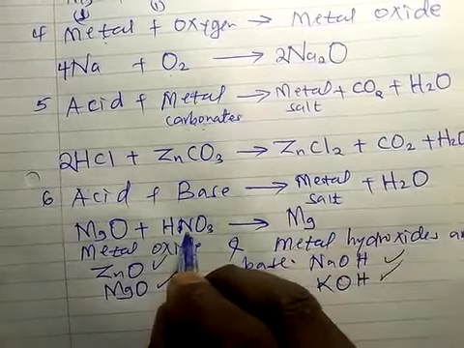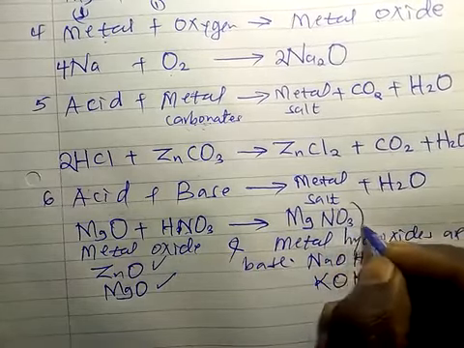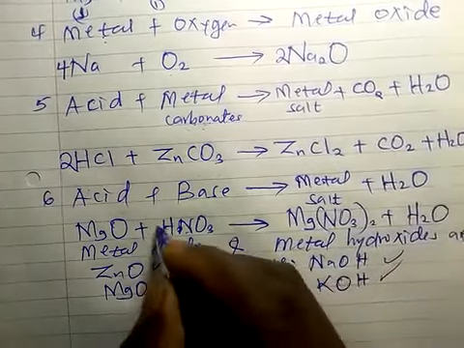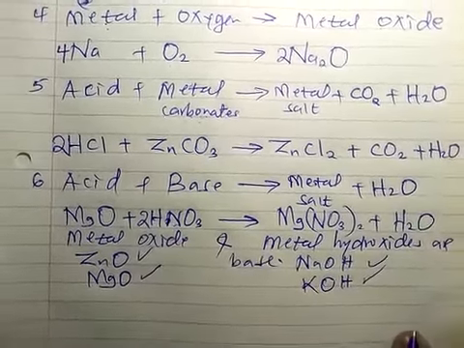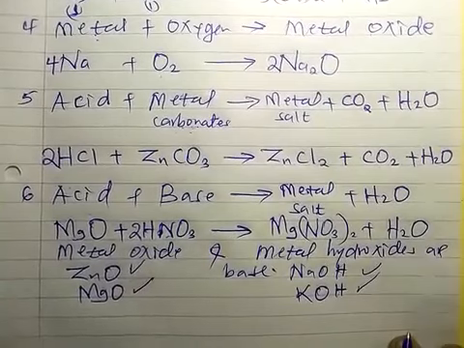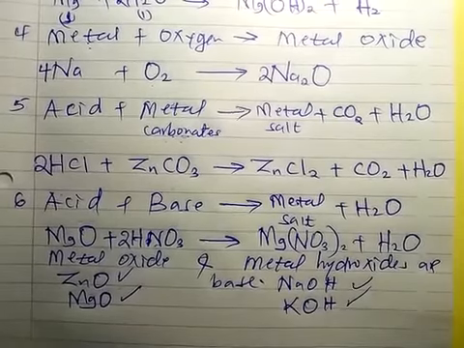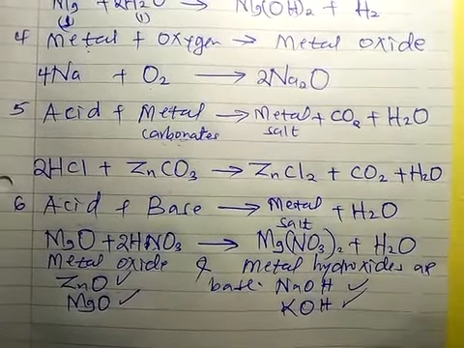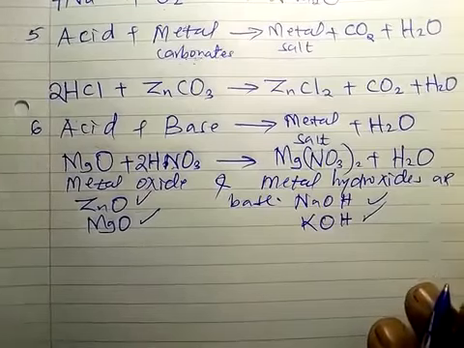The salt comes from the nitric acid, so magnesium nitrate plus water. As simple as that. So you see, this general information is very, very important for you to write correct chemical equations, correct chemical formulas, and then balance the equation. Number 7.